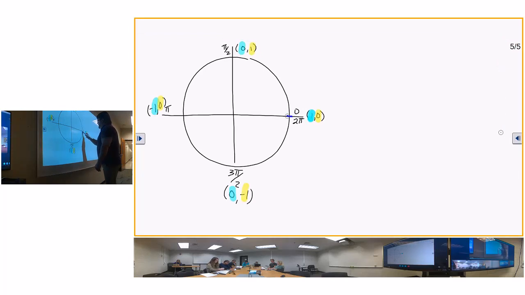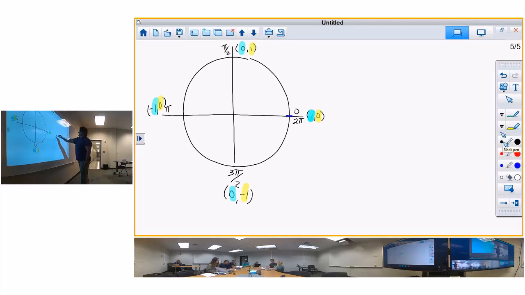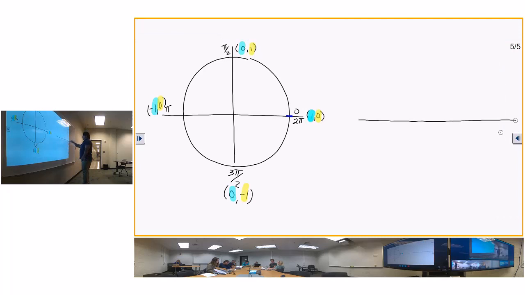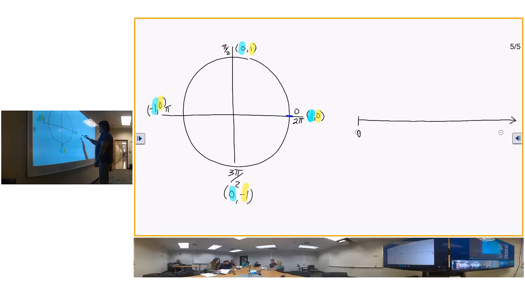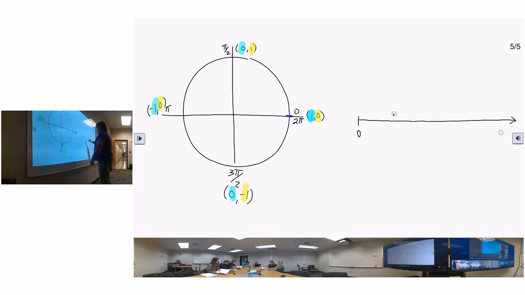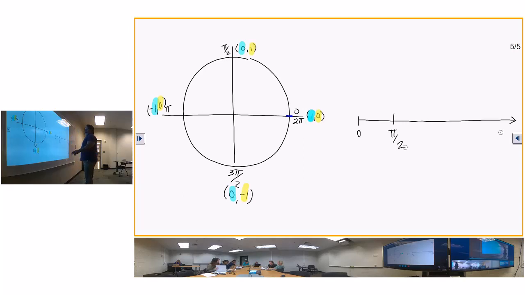So let's cut it right there, and let's unroll it. If we unroll it, we're going to get a number line that starts at what? 0. I'm just writing this out for right now. Pi over 2.